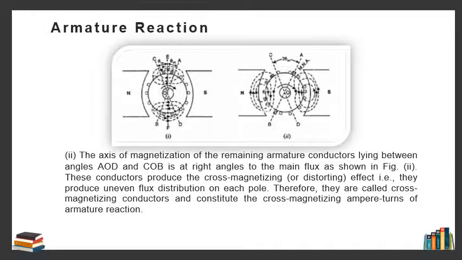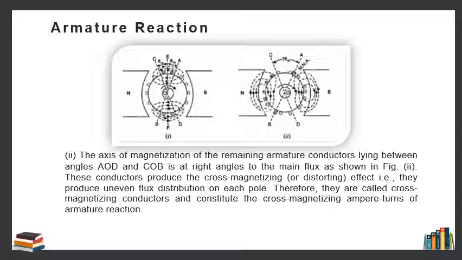So this is diagram number 1 and diagram number 2. Number 2, the axis of magnetization of the remaining armature conductors lying between angles AOD and COB is at right angle to the main flux, as shown in figure 2. These conductors produce the cross-magnetizing or distorting effect.